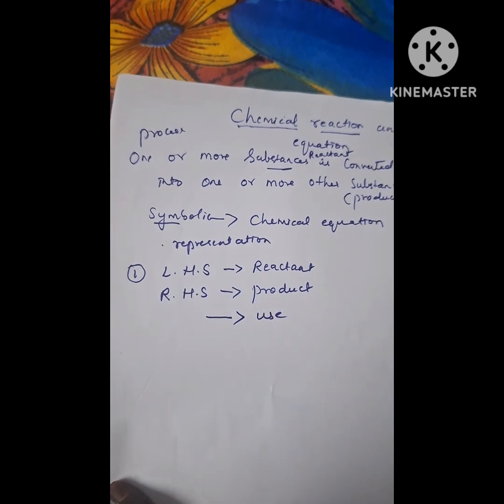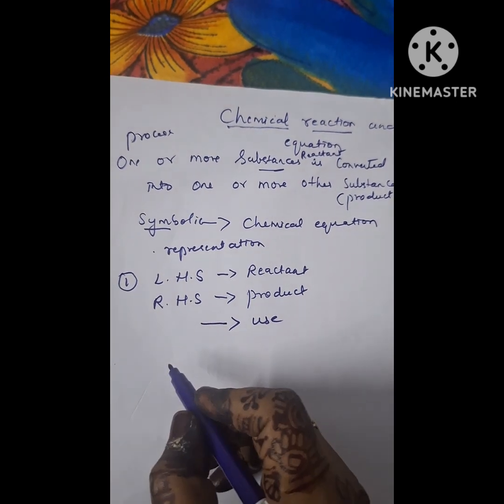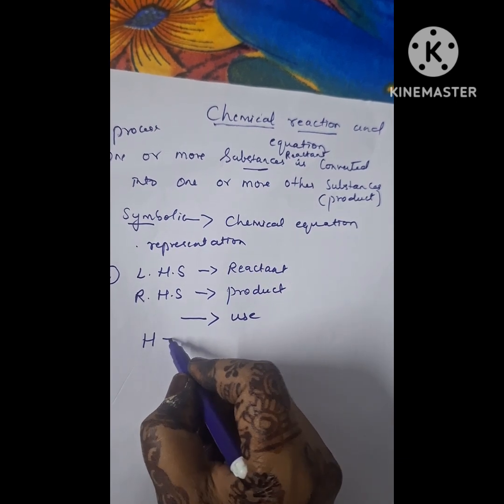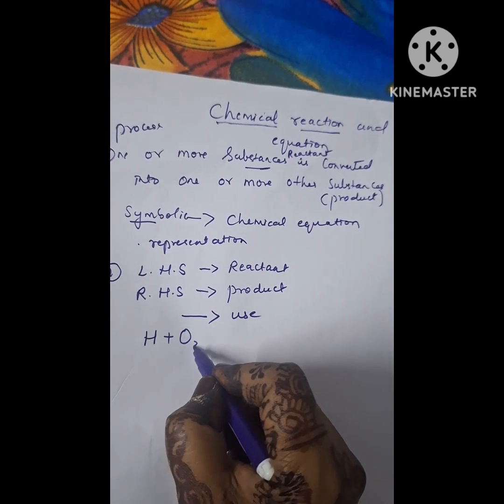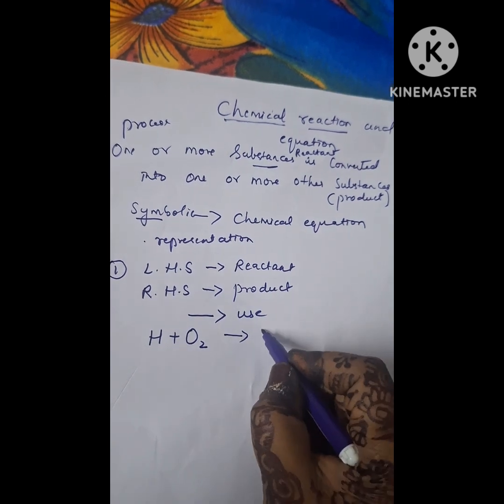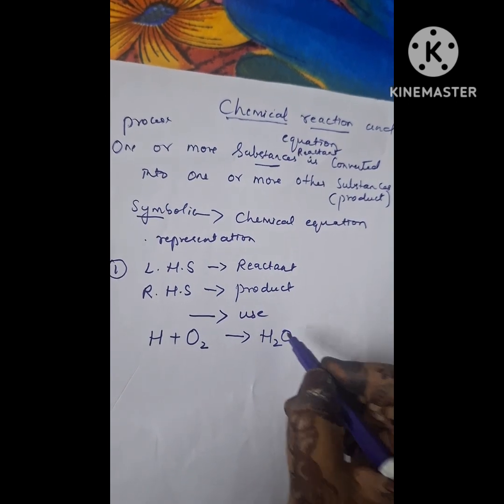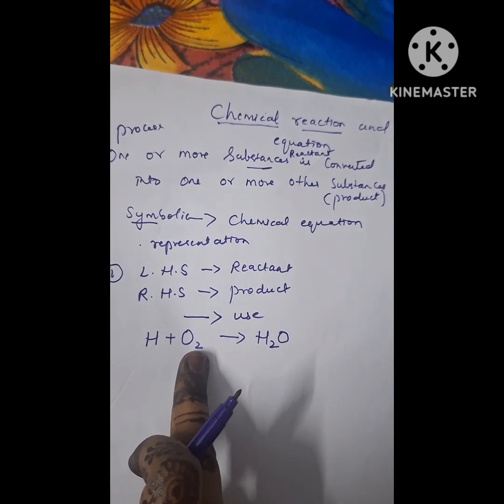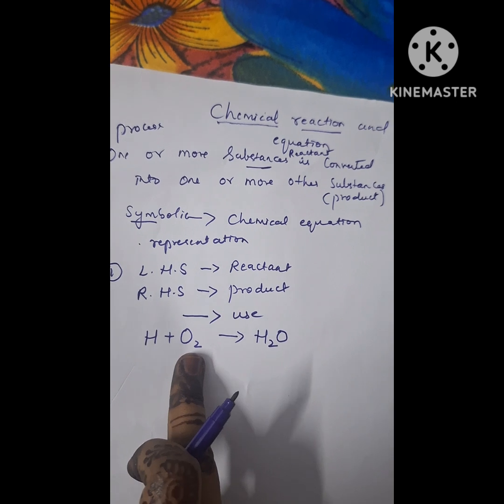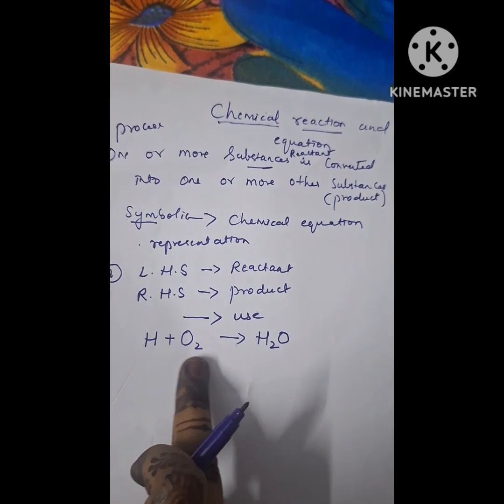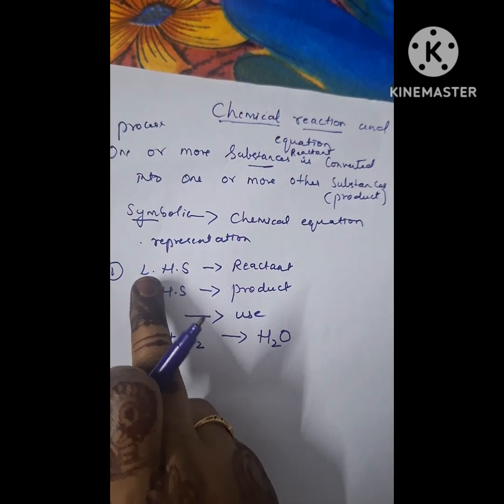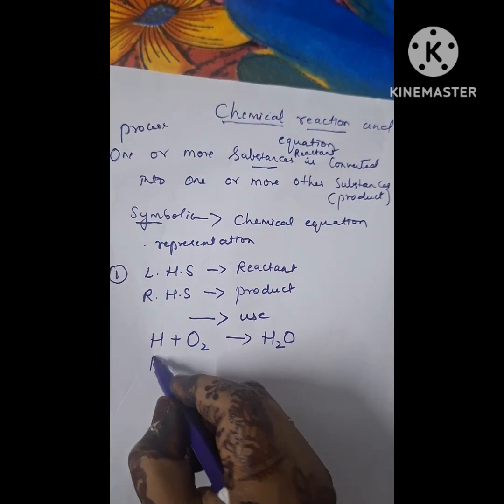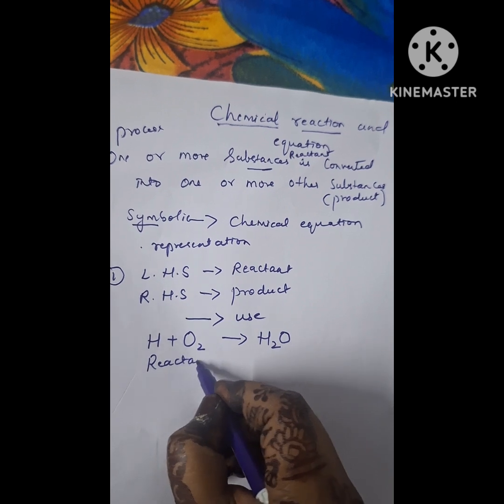Like for example, hydrogen combined with oxygen to give you water, means H and O, hydrogen and oxygen. These are written on the left hand side, so these two are called reactant.